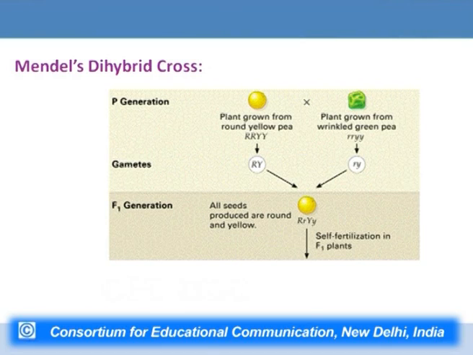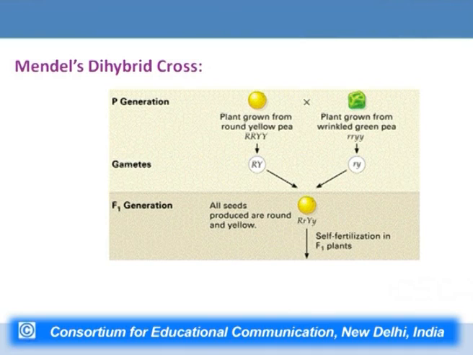So, if a plant which is grown from a round and yellow pea is crossbred with a plant which is grown from a wrinkled and green pea, it will lead to formation of F1 individuals who will be having round and yellow pea, because capital R is dominant to small r and capital Y is dominant to small y.